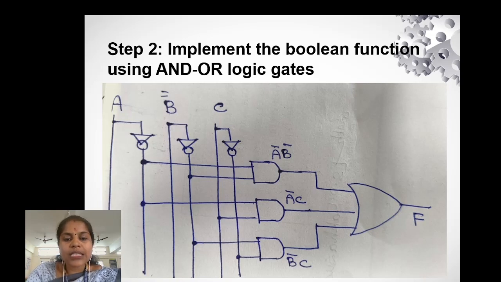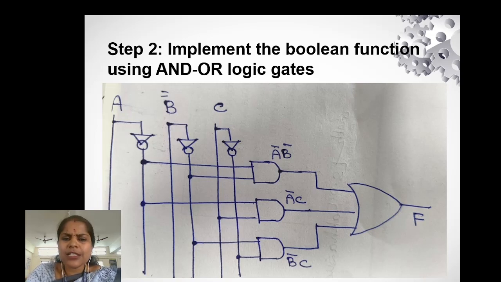First, NOT gates generate A bar, B bar and C bar as required. Then the first AND gate generates the output A bar B bar, the second AND gate generates A bar C, and the third AND gate produces B bar C. Finally, the outputs of these AND gates are combined using an OR gate. This is the standard sum of products implementation.